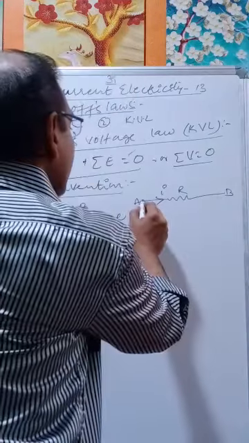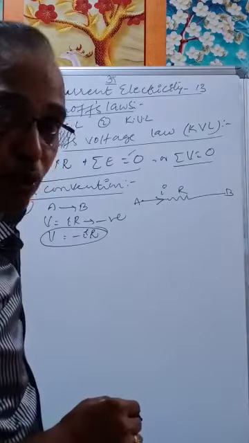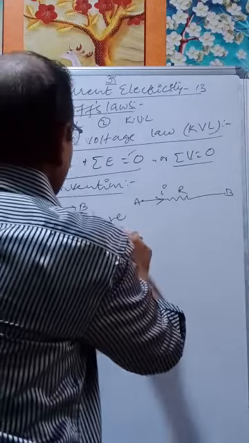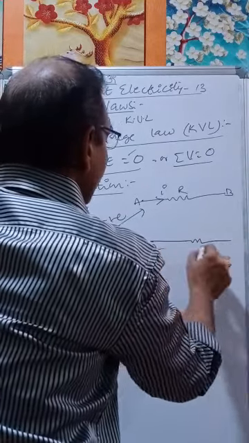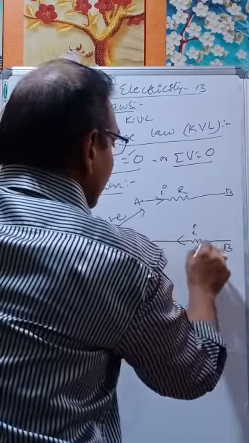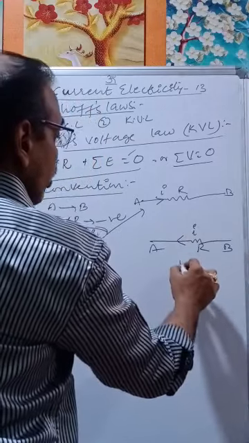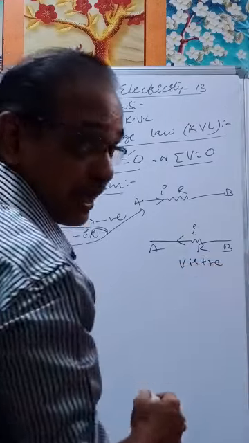So we are moving from A to B and the current is also in the same direction, A to B. Therefore, the drop is taken as negative. For example, if you are moving from A to B and the current is in the opposite direction, the current is opposing, then the potential drop V is taken as positive.